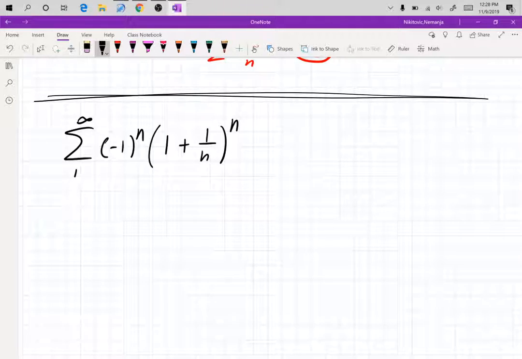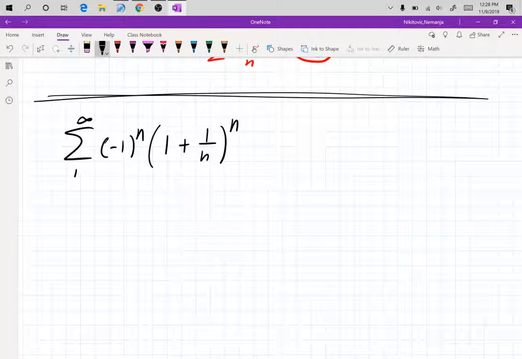What do we know about this one? It's alternating. Excellent. This is the first observation you have to make. It's the alternating series test because it has an alternation term in it. Yes? The limit of a_n as n goes to infinity is not 0. Beautiful. It's e, right?